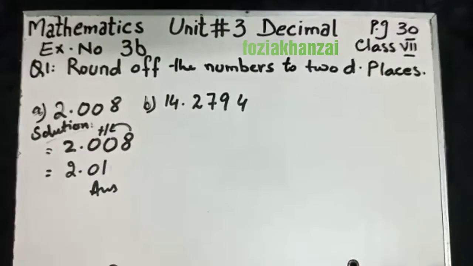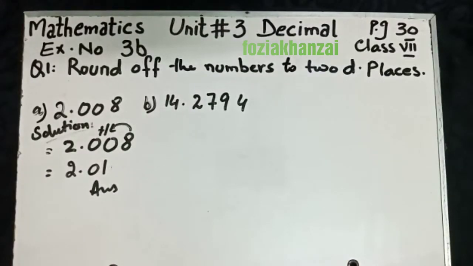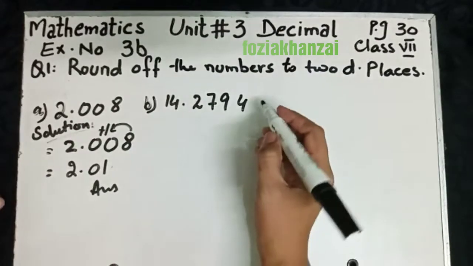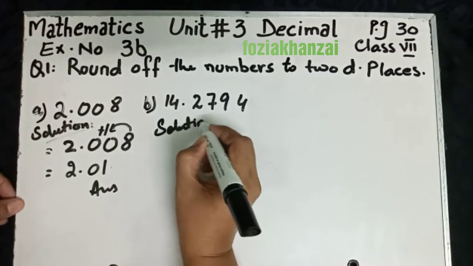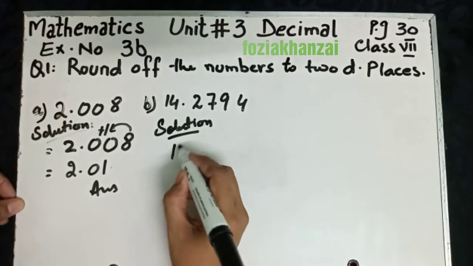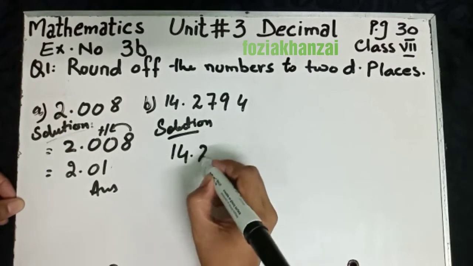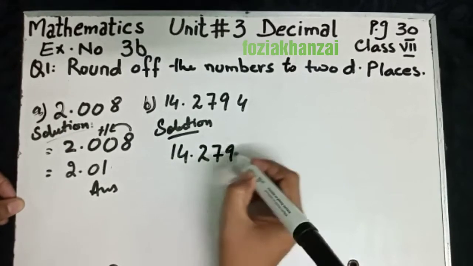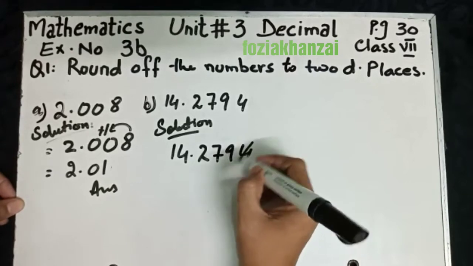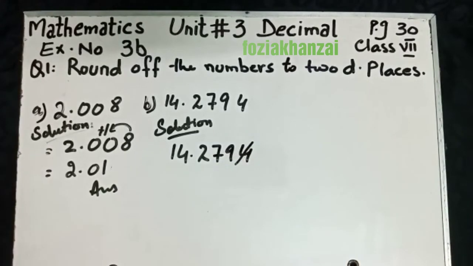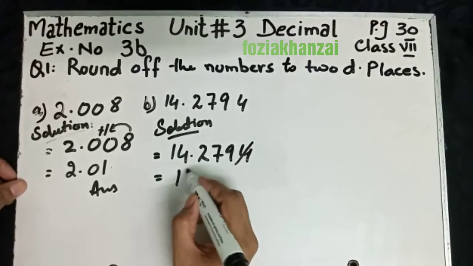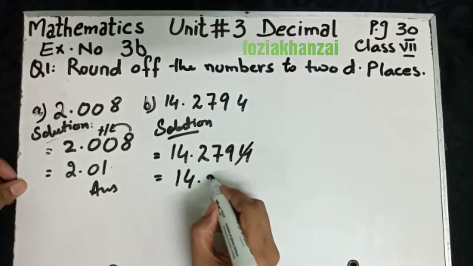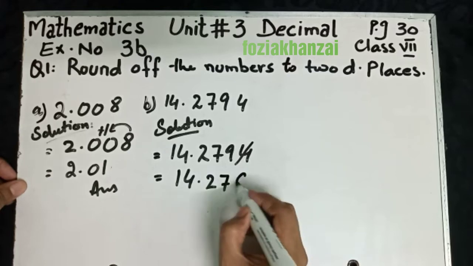Part B, 14.2794. 4 is less than 5, so skip that number. After the decimal we read a single digit. Okay, this 4 is less than 5, so skip or cut this number. Now in the second step we copy 14.279.